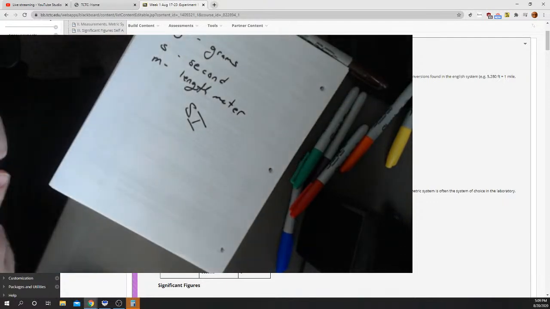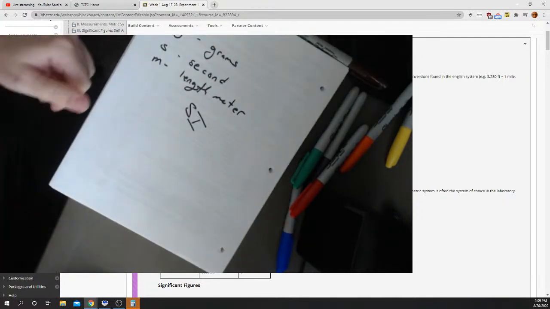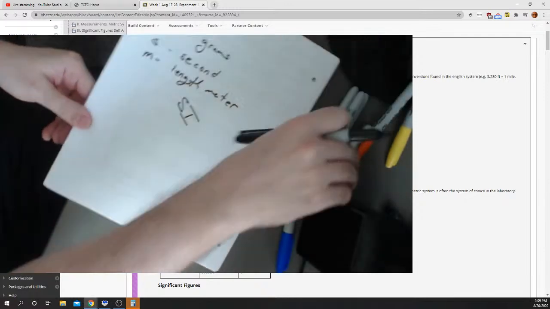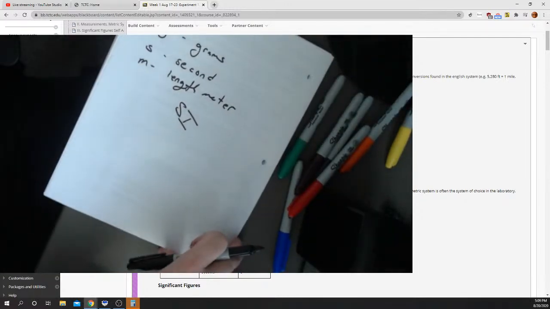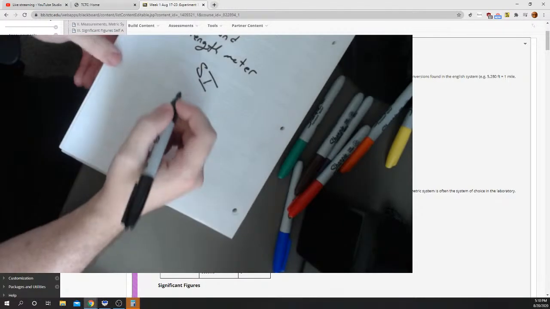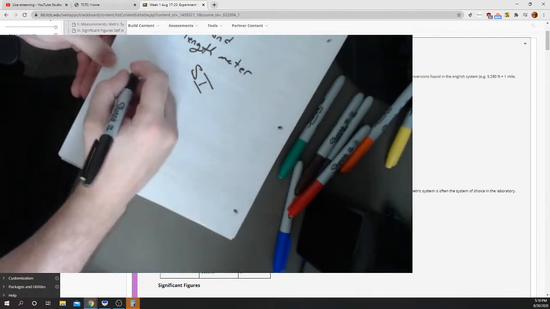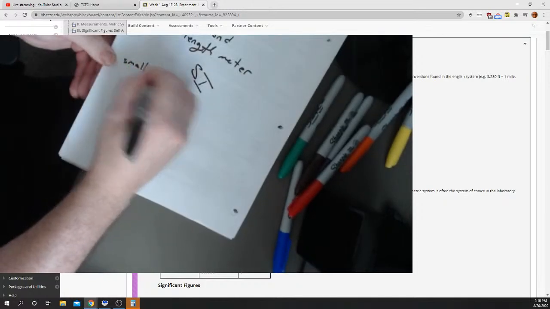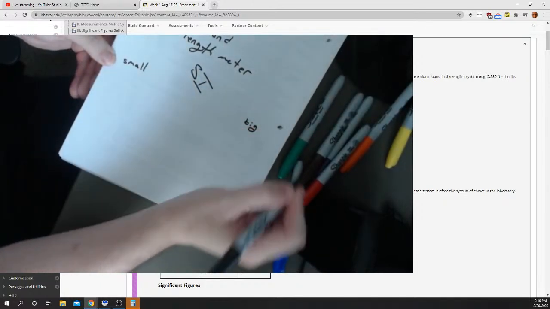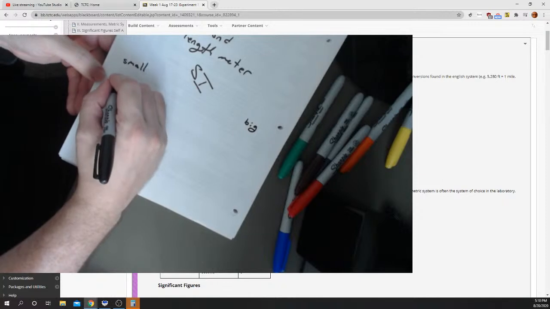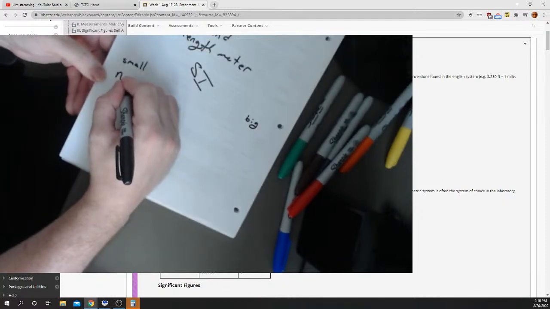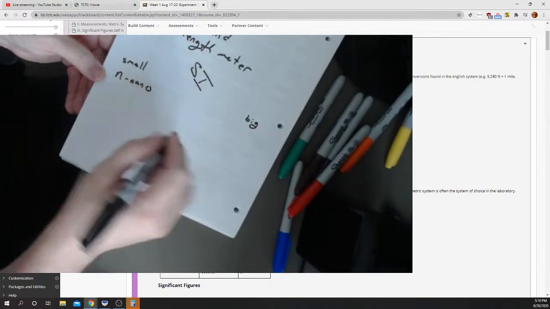So the way we can change that, we have two different ways. The first one is a little bit easier when it comes to people doing stuff, a little bit easier when it comes to writing, and that is with prefixes. So prefixes go from very, very small to very, very big. So you have n for nano.